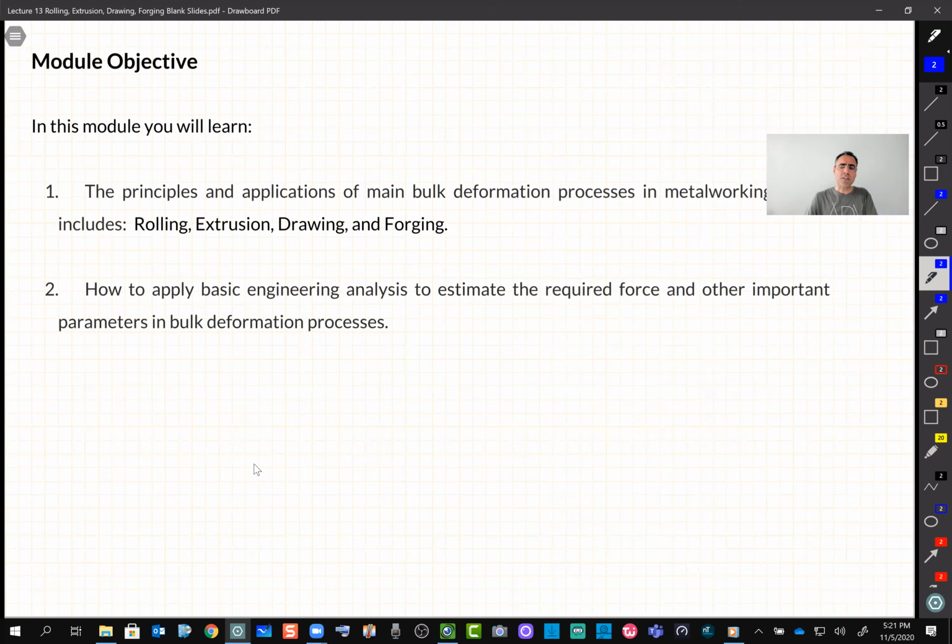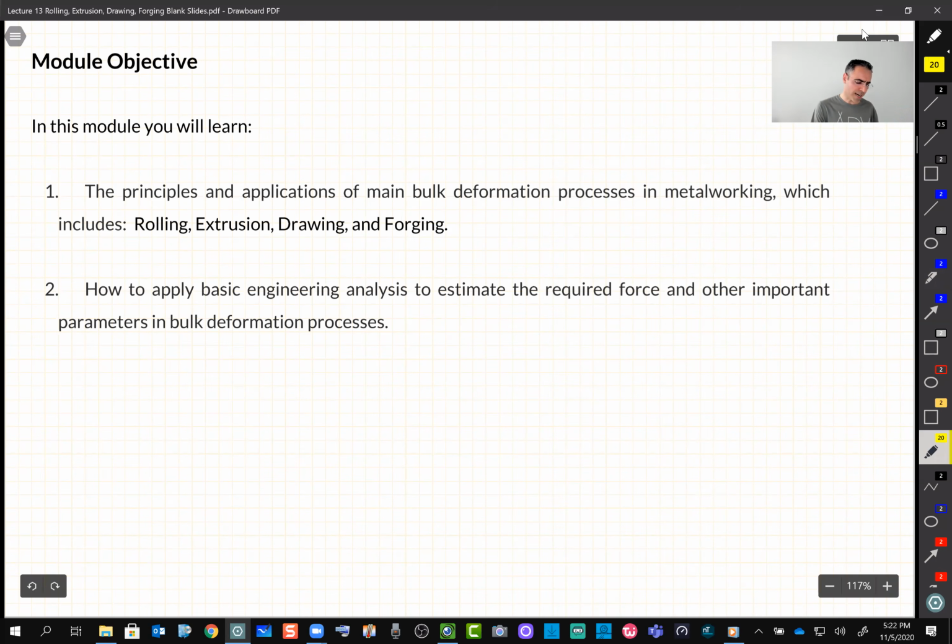So with this introduction, this is the objective of this module. I expect you to learn the basics, and the machinery involved, for rolling, extrusion, drawing, and forging, the four categories of bulk deformation.